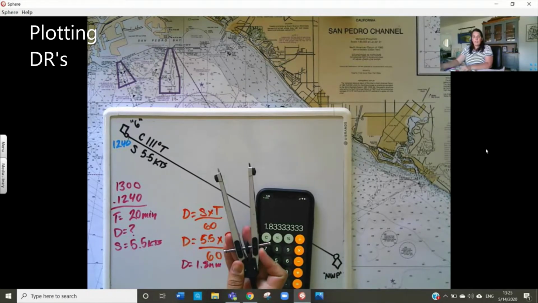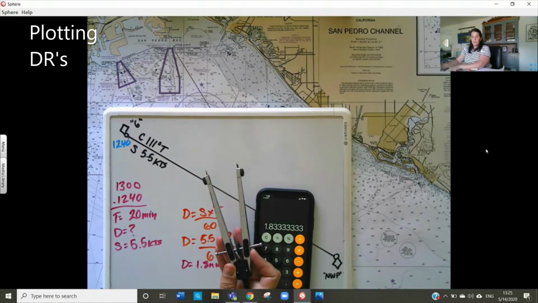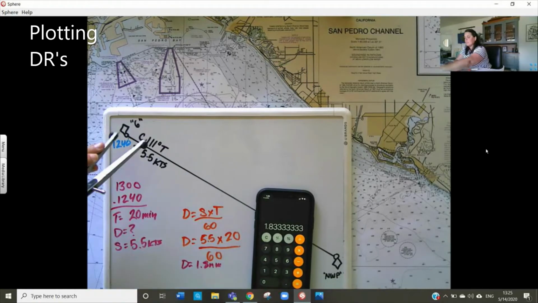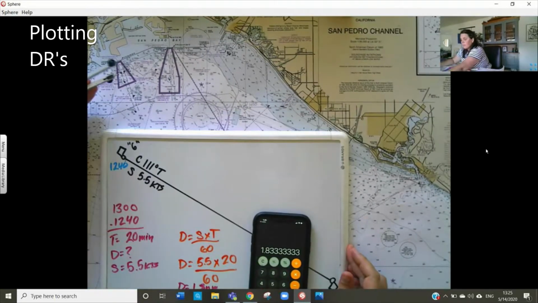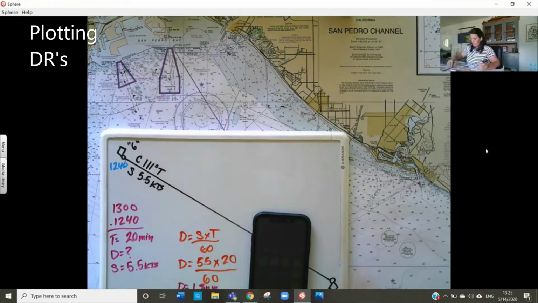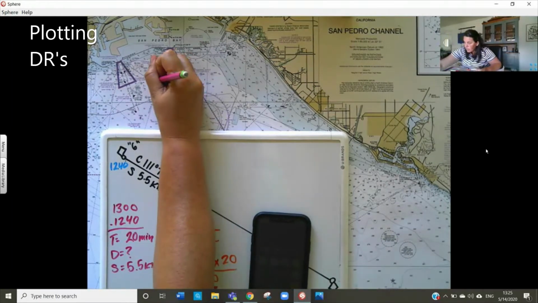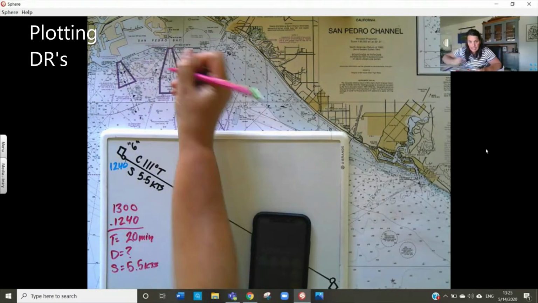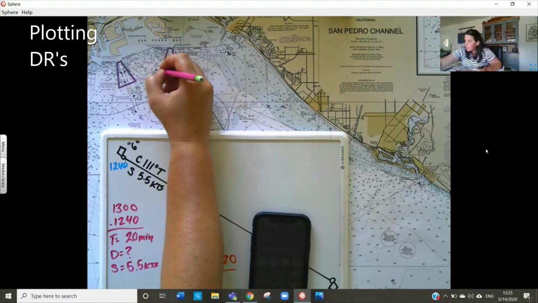So I have here a distance of 1.8 nautical miles, and I am going to draw in my first DR. So from my buoy, I can draw in and label this point a DR, which is that half circle, and we can call it 1300.